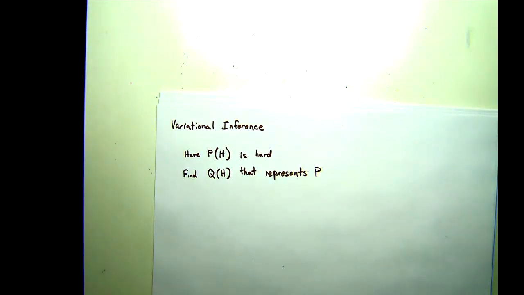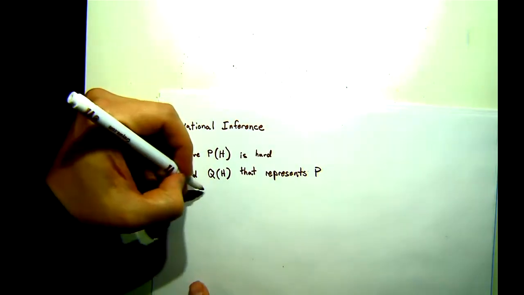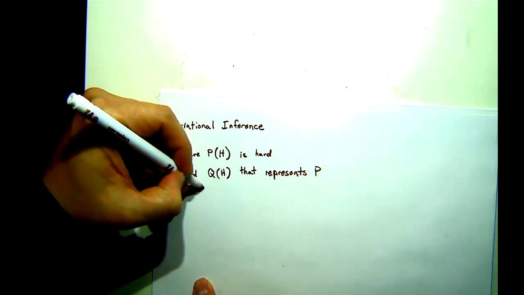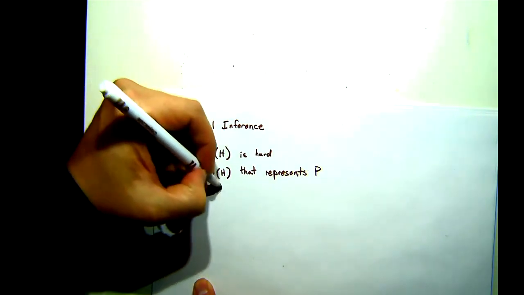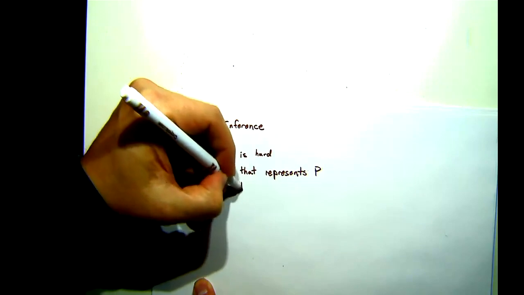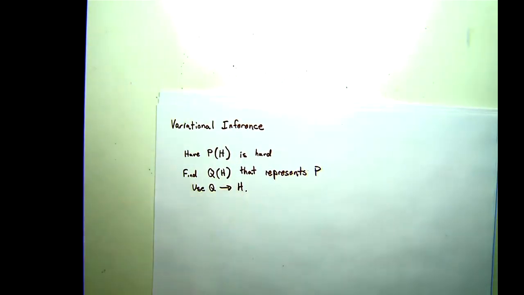Then we'll use the q to actually get the values, to do our inference, and get the most likely h's.